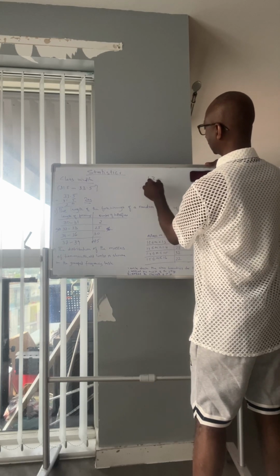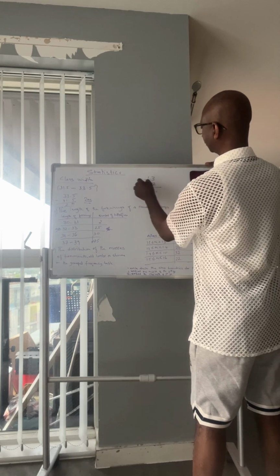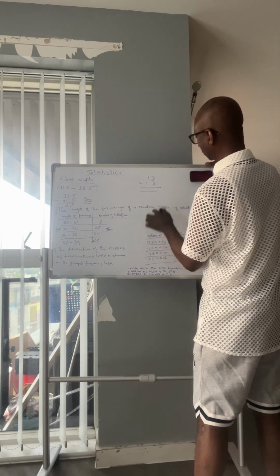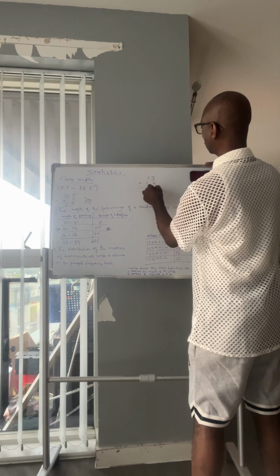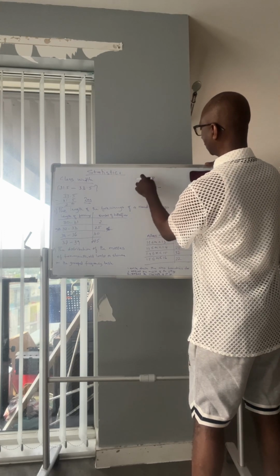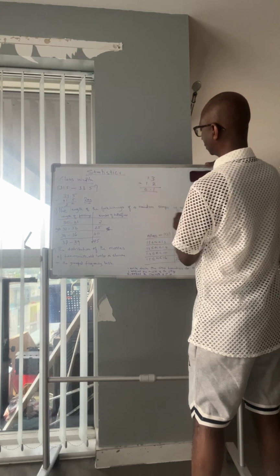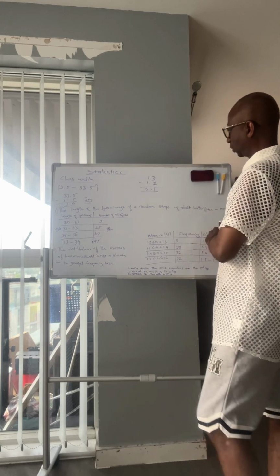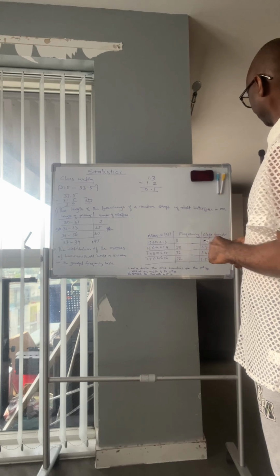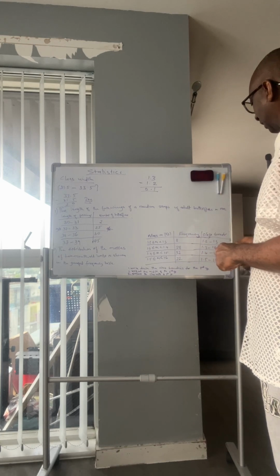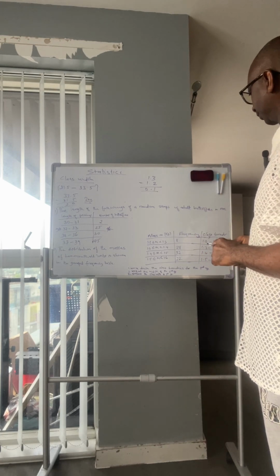So you are subtracting the lower from the higher. 3 minus 2 is 1, 1 minus 1 is 0. So you get 0.1, 0.1 kilogram class width for this one.